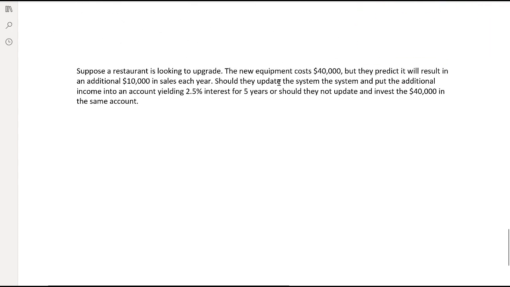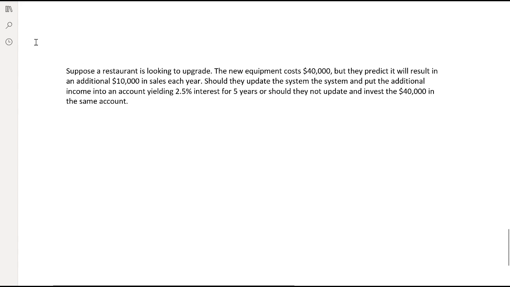For example, suppose a restaurant is looking to upgrade. The new equipment costs $40,000, but they predict it will result in an additional $10,000 in sales each year. So it's going to bring in an income stream of $10,000 a year.